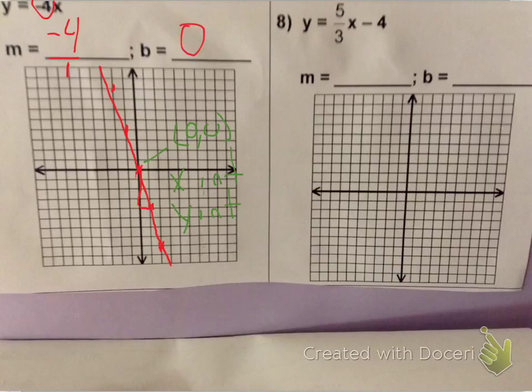Okay, last example. Slope is 5 over 3. B, or your y-intercept, is negative 4. So you start on the y-axis at negative 4. You're going to go up 5 over 3.